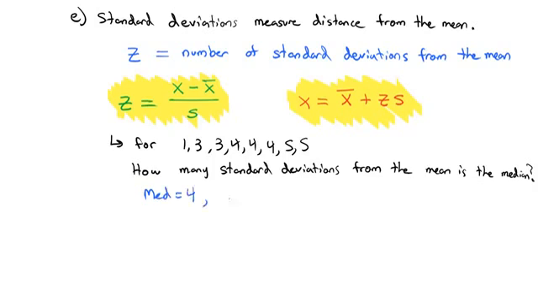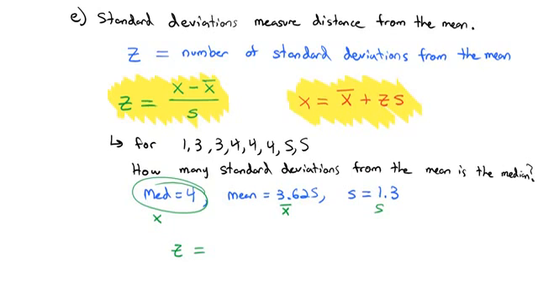Earlier, we found the mean was equal to 3.625. And also earlier, we found the standard deviation is equal to 1.3. So if we want to find out how many standard deviations the median is from the mean, the median is x, the mean is x bar, and the standard deviation is s.